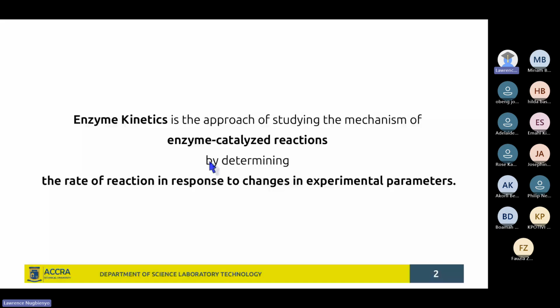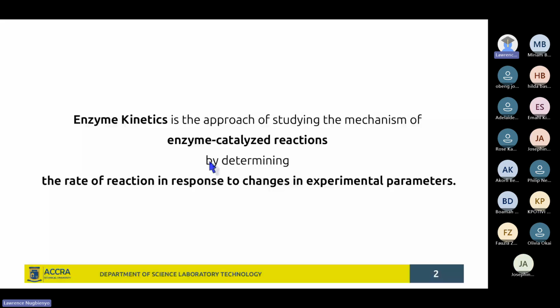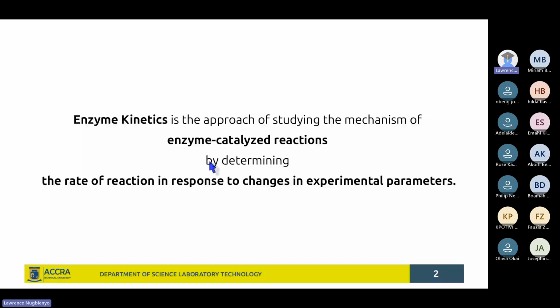So when you are studying the rate of reaction in response to changes in these experimental parameters, what you are doing simply is kinetic studies. So you are studying the kinetics of, say, an enzymatic reaction. So that is all what enzyme kinetics is about.